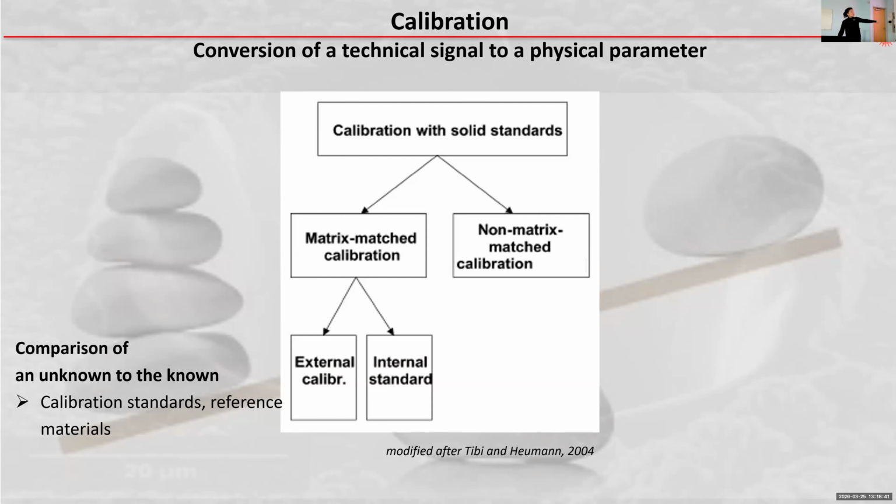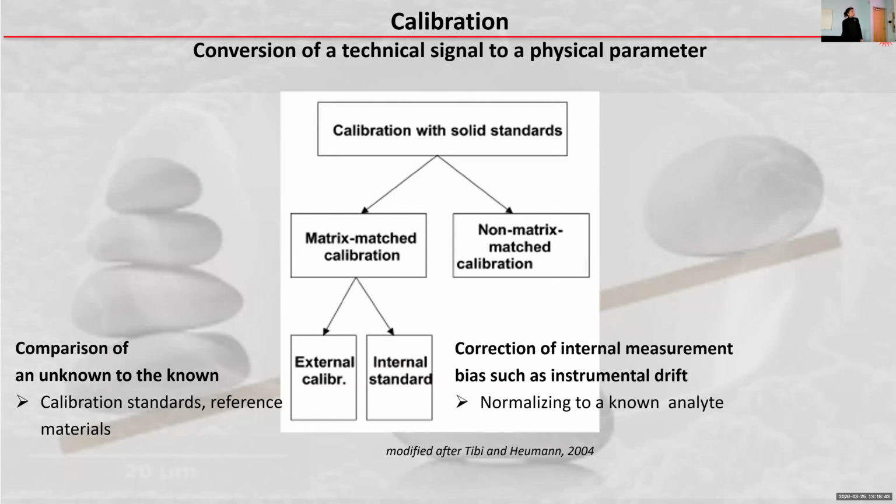That is called external calibration. There is also an internal calibration. Along the process, whether it's laser ablation or liquid aspirate or solution ICP-MS or any other mass spectrometer, there will be some handling biases. And even within the ICP-MS, there will be instrumental drift due to temperature changes, lab changes, ICP-MS buildup, sample buildup, and that is called internal calibration.